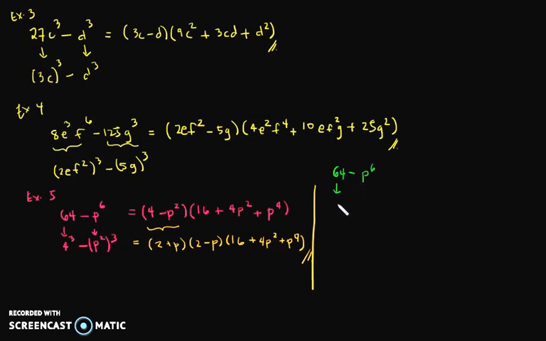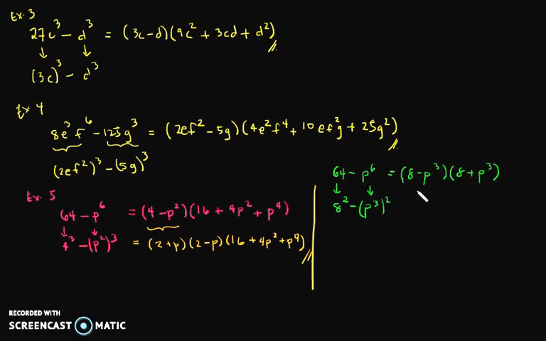So I could use 8 squared for 64 minus p cubed raised to 2. So using the difference of squares, I can now say that this is the product of the sum and difference of the terms. So that would be 8 minus p cubed, 8 plus p cubed.